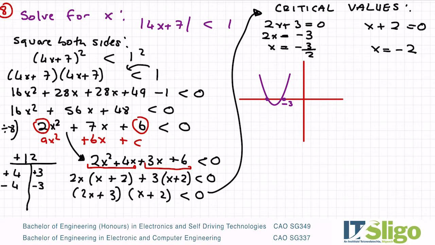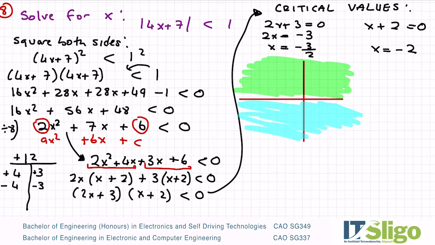And actually, before I draw in my quadratic, let me take you through what I'm doing here and how this applies, okay? I'm going to color in this graph in two different colors. The top is green, the bottom is blue. And I'm going to call the bottom area the area that's less than 0, and the top area is greater than 0.